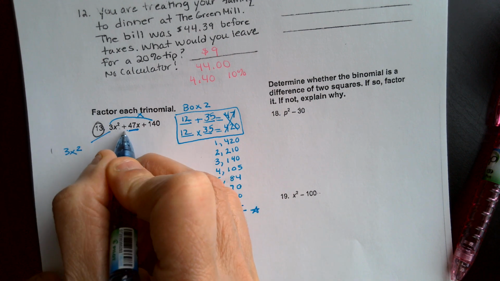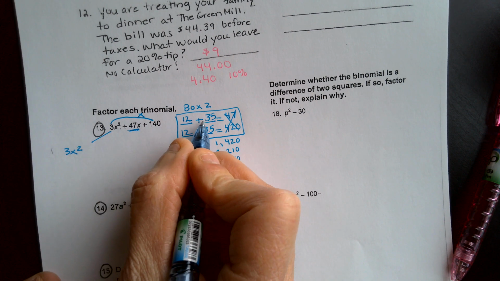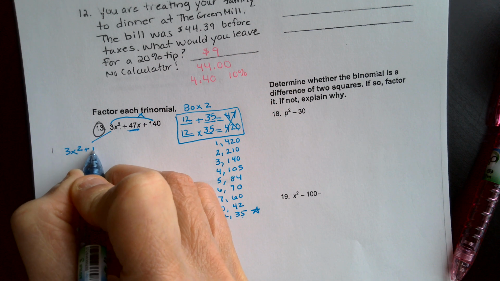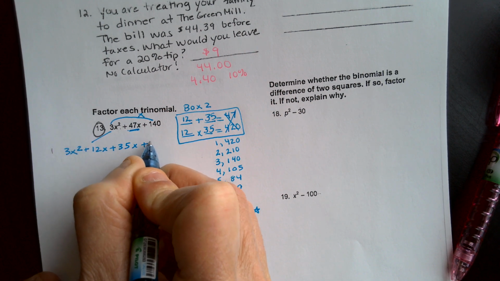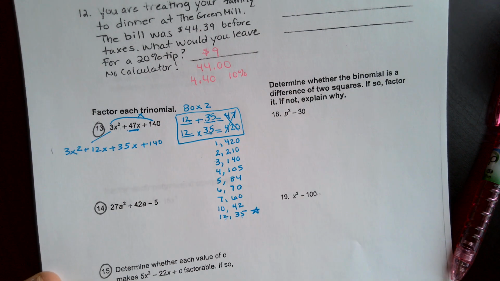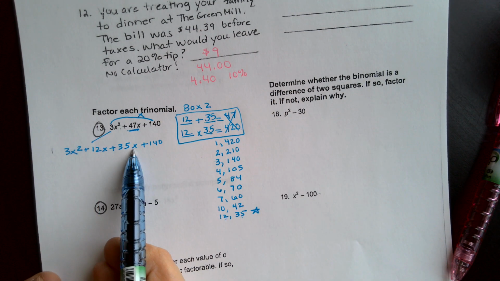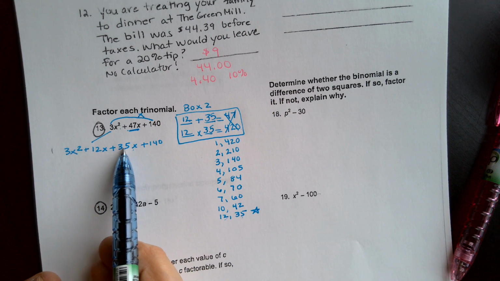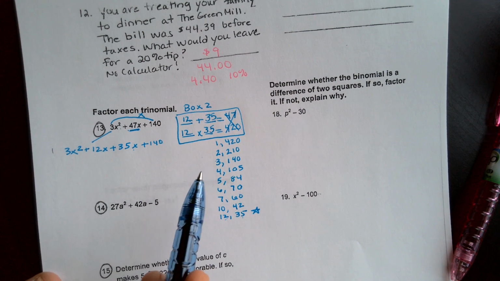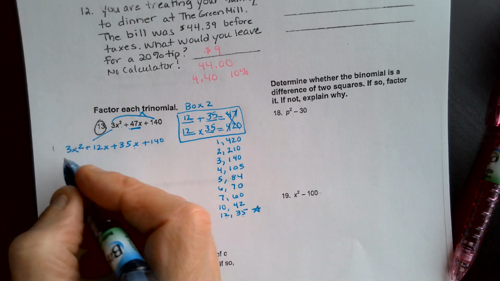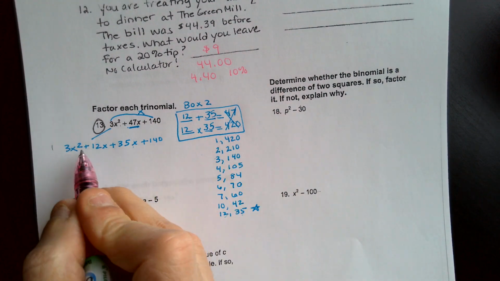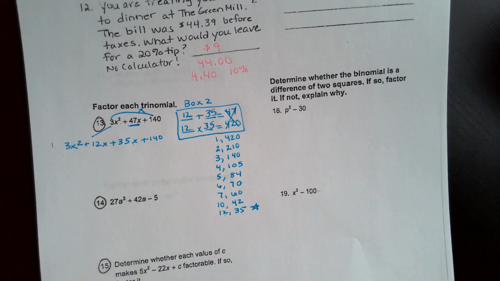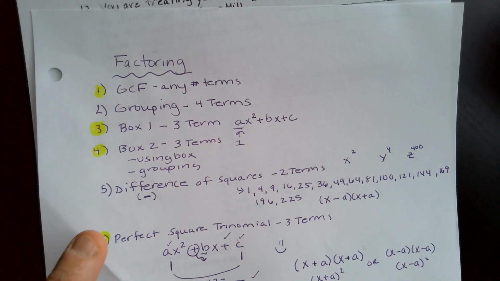So instead of writing plus 47x, and I'm going to make sure I add an x to these, I'm going to go plus 12x plus 35x plus 140. And don't forget the x's. It's going to screw everything up, because you're going to get the numbers and then all of a sudden you're like, what's going on? And it's a train wreck. So make sure you don't do that. Now we have 4 terms. So we are using our grouping.